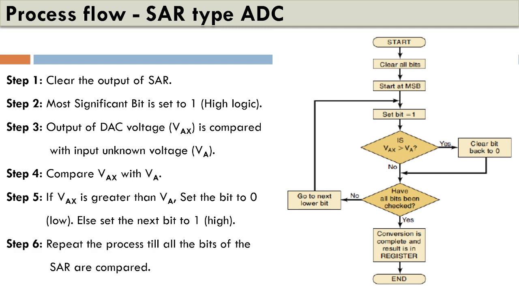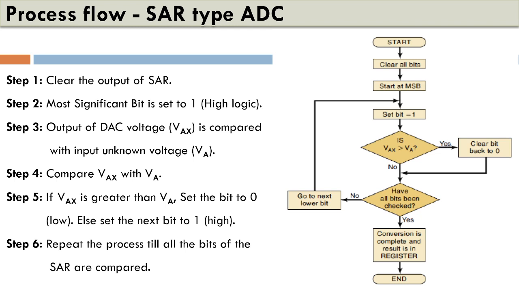Now, this process continues till all the bits of SAR are compared. So, after the process of comparing all the bit combinations of SAR, finally we will get the desired digital output for the unknown analog voltage that has been given at its input.